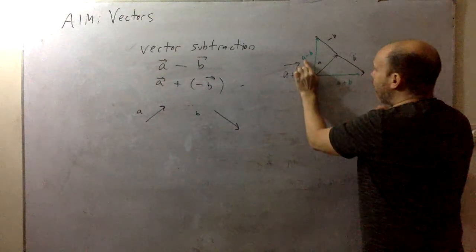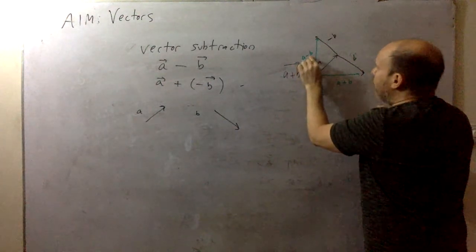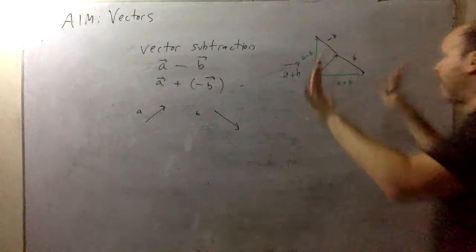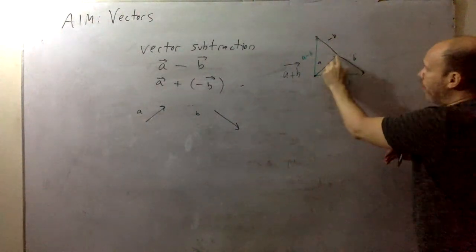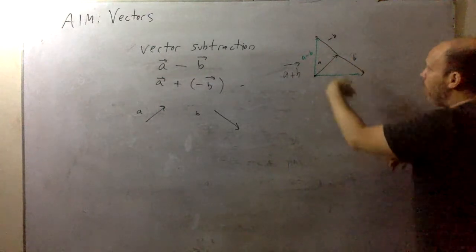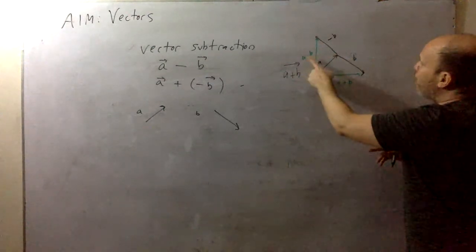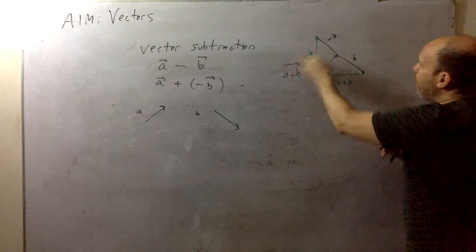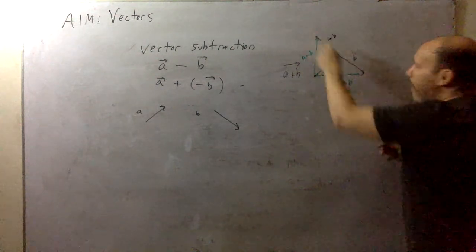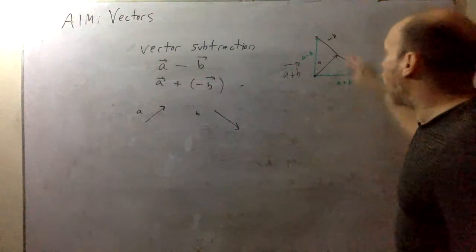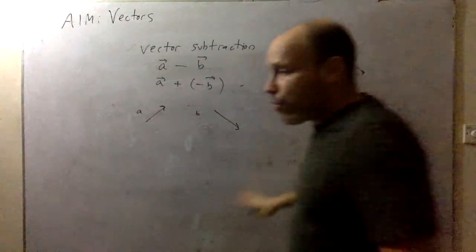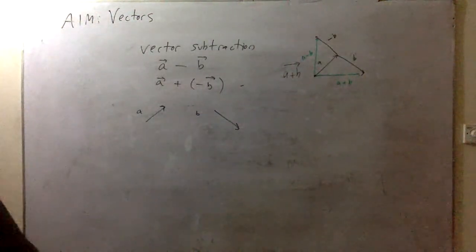The first journey is A, and the second journey is the opposite of B. Once again, this is A plus B: first journey is A, second journey is B. This is A minus B: first journey is A, second journey is the opposite of B. That's all vector subtraction is. Don't get freaked out by subtraction.